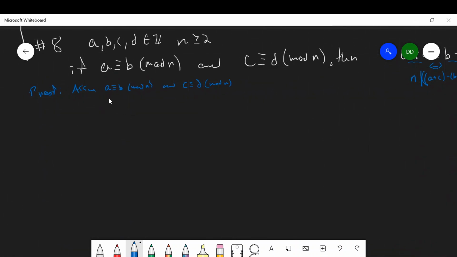Over here, I'm going to have A minus B. I think this is going to work because A equivalent to B mod n, what does this mean? This means that n divides their difference. So n divides A minus B. And C equivalent to D means that n divides their difference, so C minus D. N divides A minus B, that means A minus B equals some multiple of n.